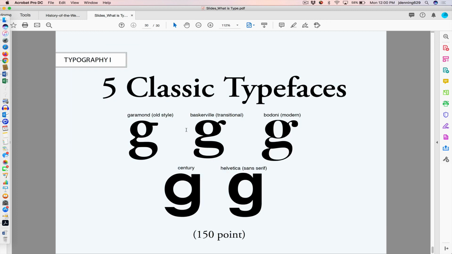We're going to be looking at this a lot more next week, but there are 5 classic typefaces that we're going to think about. There's old style, there's transitional, there's modern, there's century, and there's sans serif. I'm just going to show you these terms, and I'll explain them a lot more as we go through the course next week.